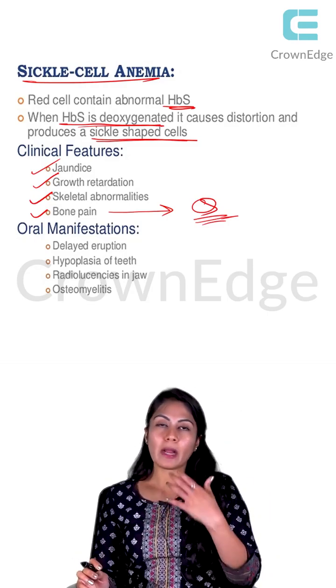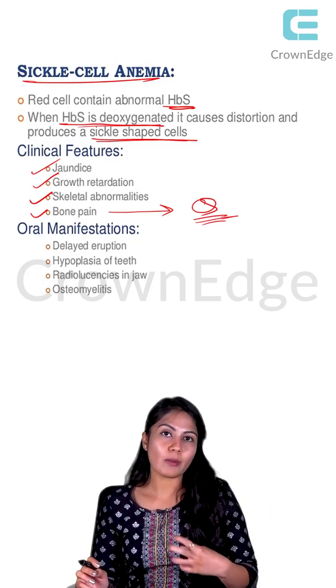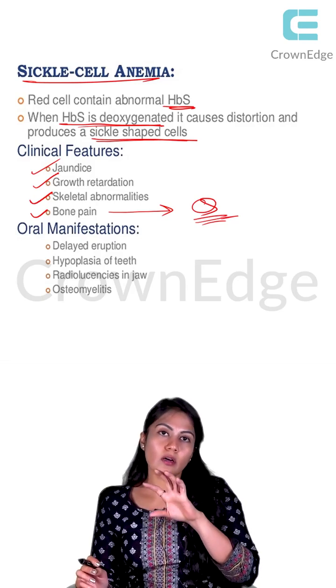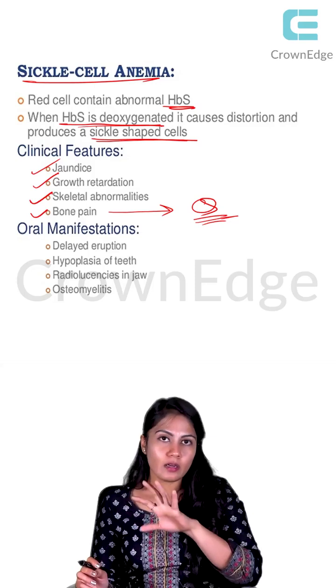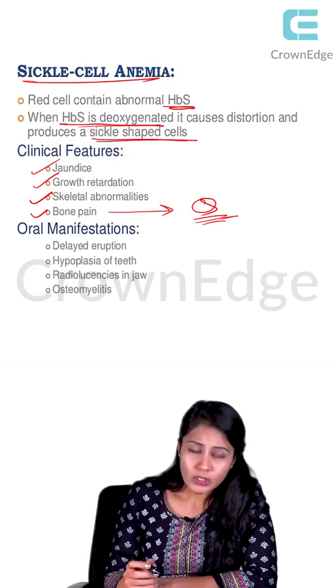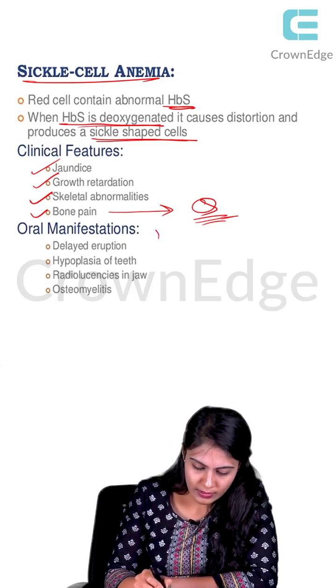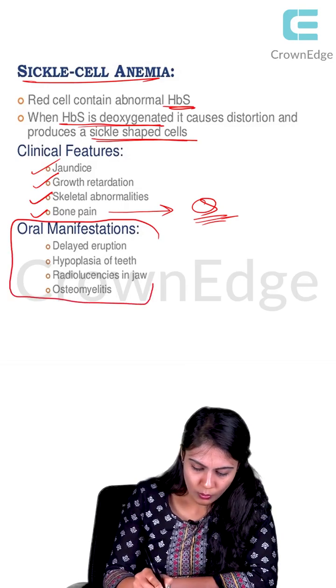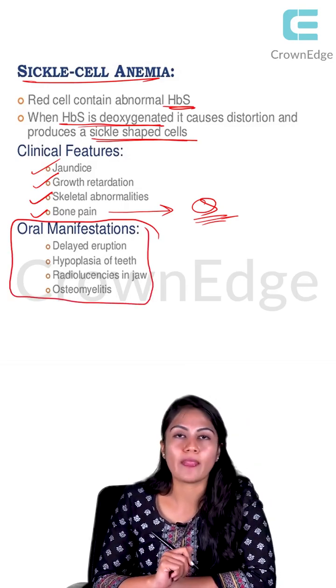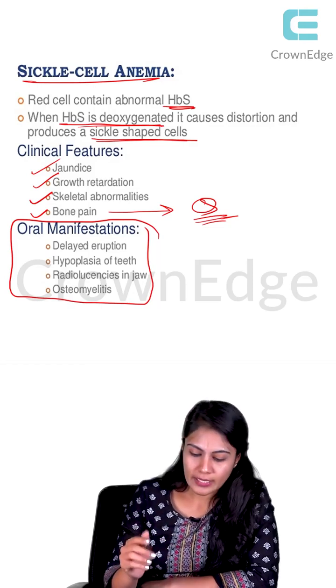So in hematology, if anemia is shown and bone pain is given, just look for the sickle cell symptoms, right? Why is it important and why am I stressing it again and again? Because it is going to show you the oral manifestations also, and that is important for us, right?